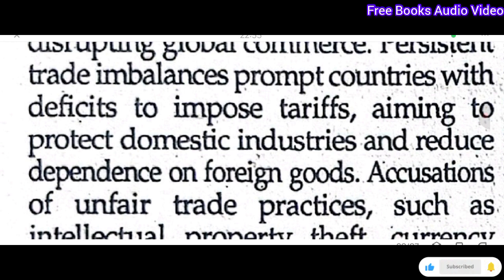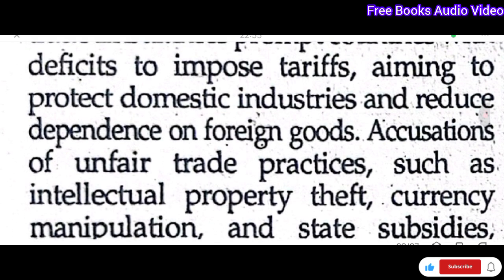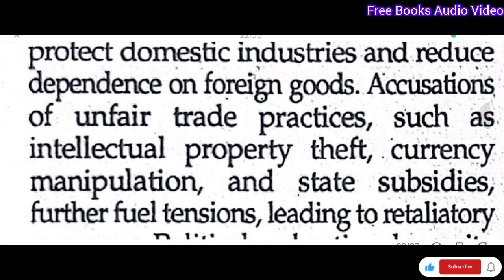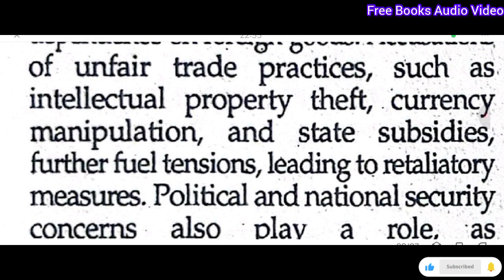Accusations of unfair trade practices such as intellectual property theft, currency manipulation, and state subsidies further fuel tensions, leading to retaliatory measures.